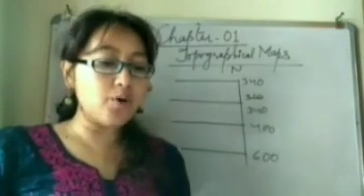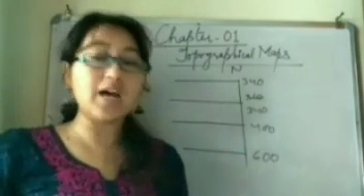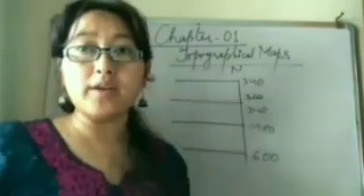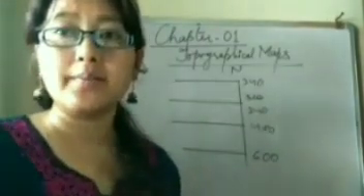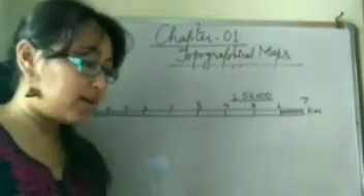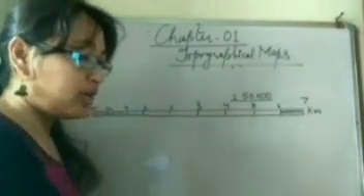Okay, now the most important next question is how to find out the distance between two settlements or two points. So let's start this. Okay children, your scale is given below your topographical map. So here you'll find this scale.